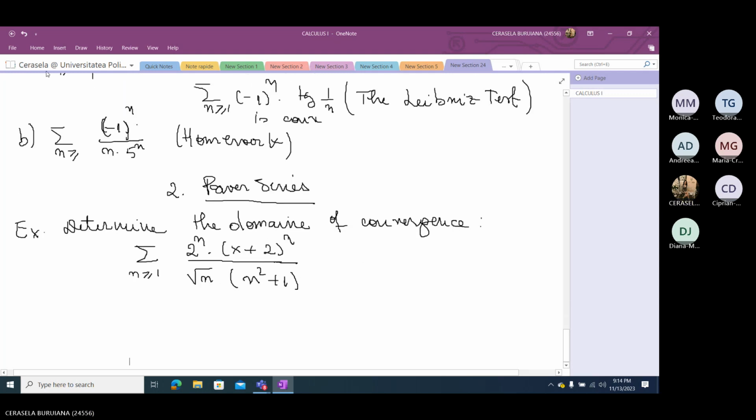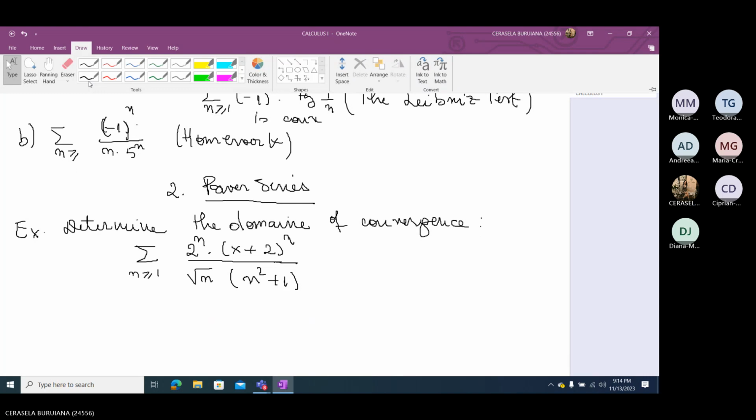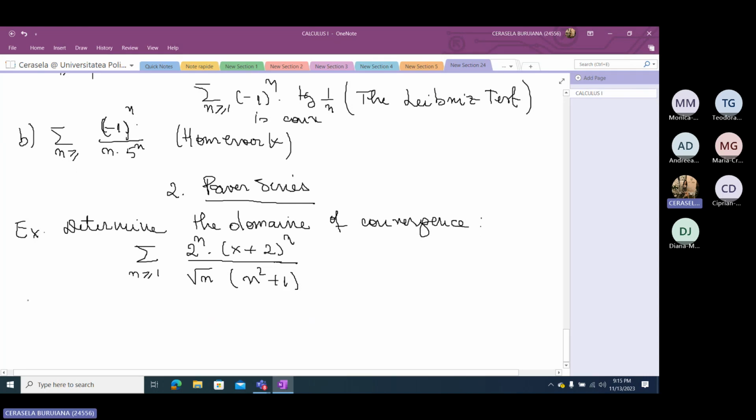Let's see. What can we do for this series? It's a series of functions, if you look. And what did I teach you to do for this situation? We denote x+2 by y. Exactly. So we start by using a change of variables.